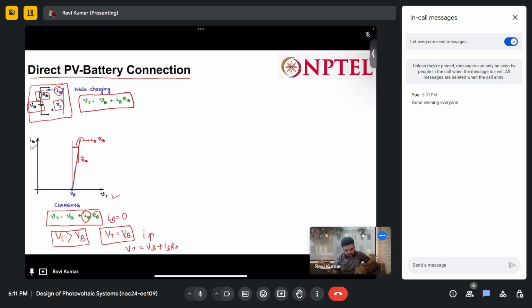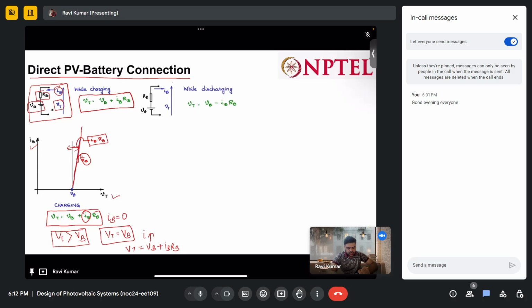That's why this is a sloped characteristic, and this slope is directly proportional to the internal resistance, and this distance which increases with current is the IB into RB voltage. So at any point we can calculate this IB into RB by measuring this distance. This is all about the charging. Now let us see what happens when we discharge a battery.